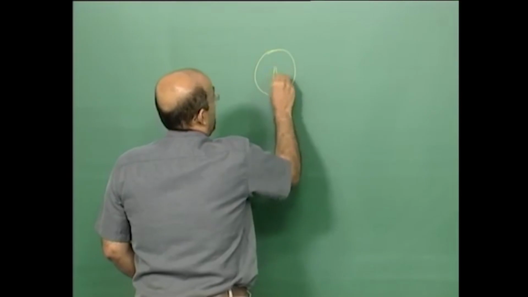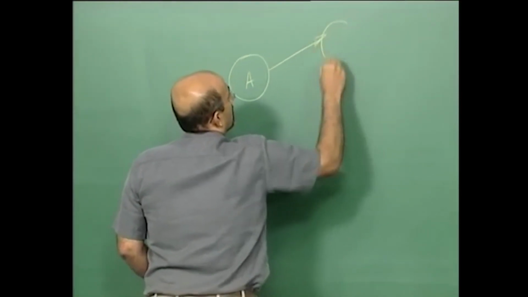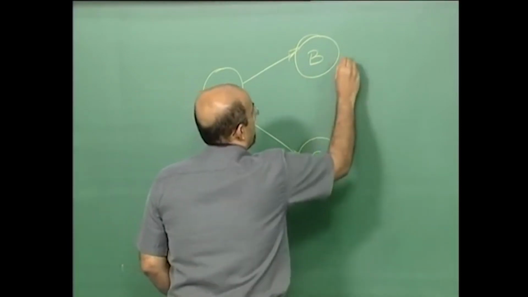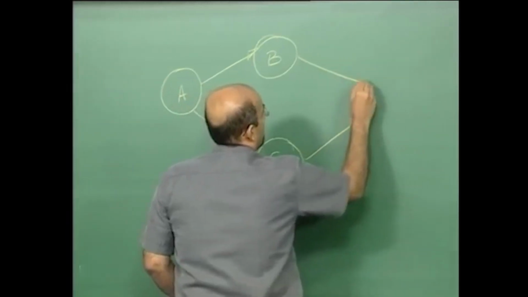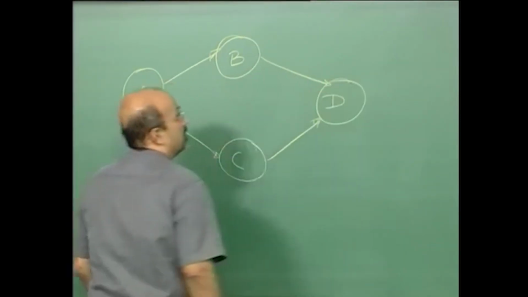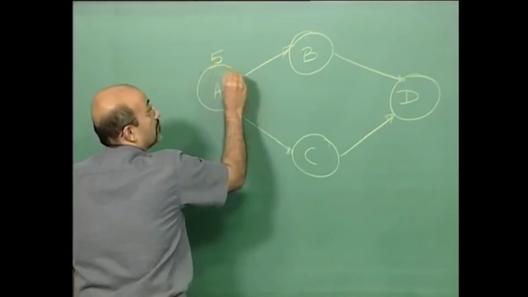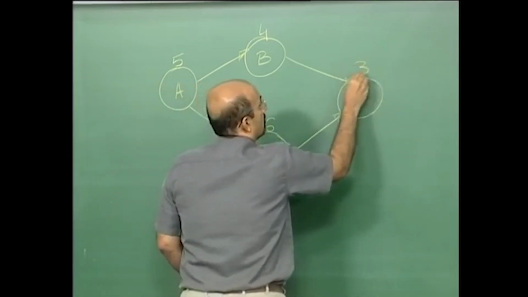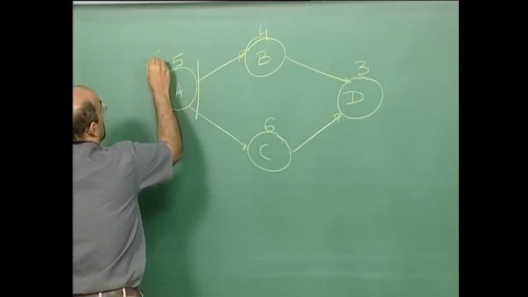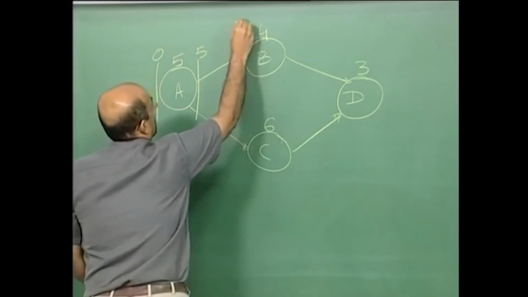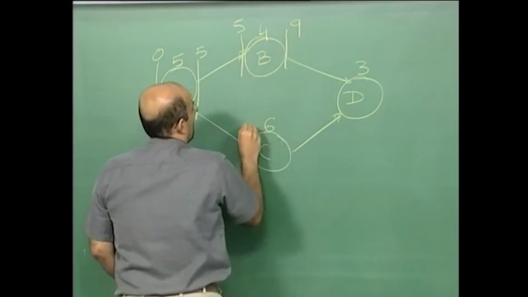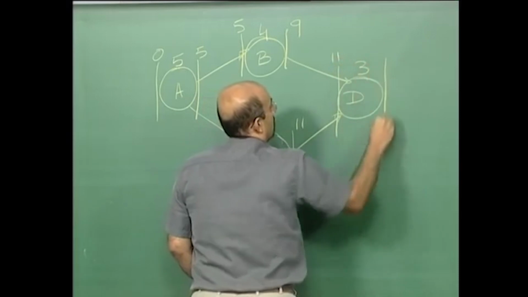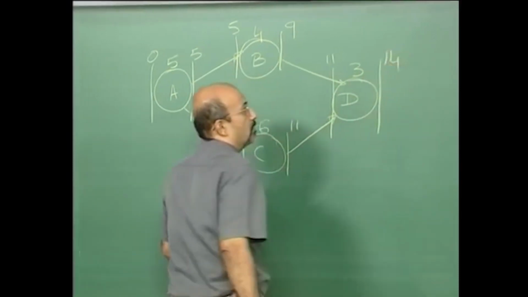So we have the network: A, B, D, we have the 5, okay, that is on one side.